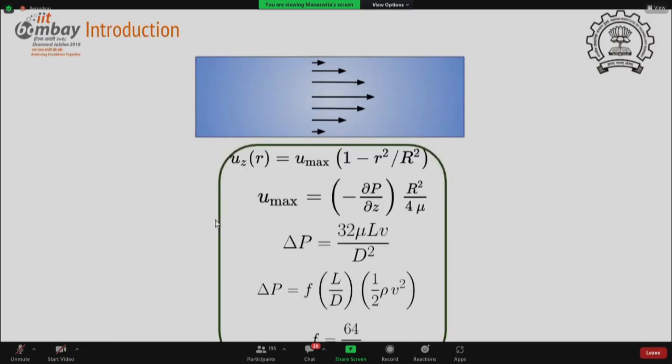Now, when laminar flow comes to our mind, to be precise, it is low Re flow. And any idea why I said it is low Re flow to be precise? Because it is laminar flow, ma'am. Yes. So there is a low Reynolds number flow. Okay.